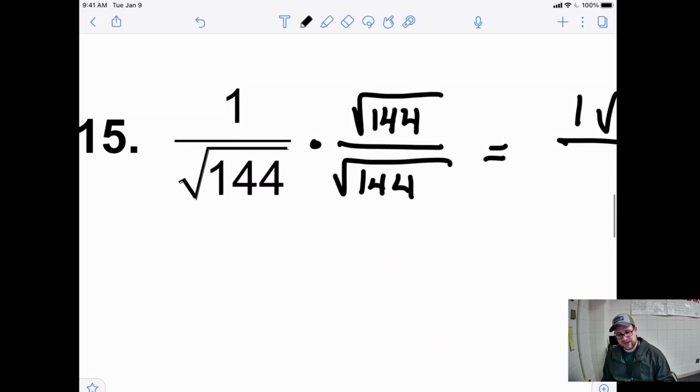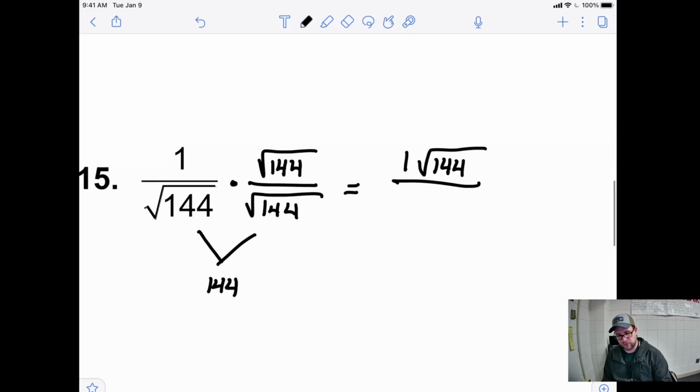So down here on the bottom, square root of 144 times square root of 144 is going to be just 144. So we can save a step and avoid getting a big radical that needs to be simplified, and write it just like that. Now, hopefully we recognize that the square root of 144 is the same as 12.